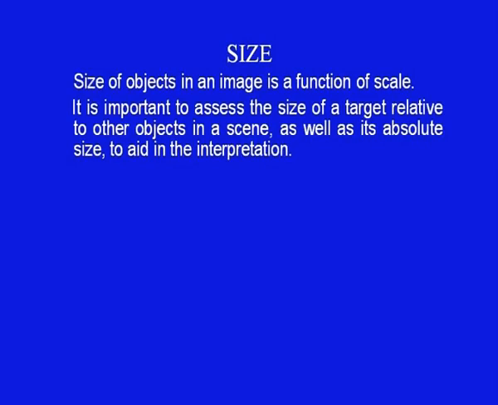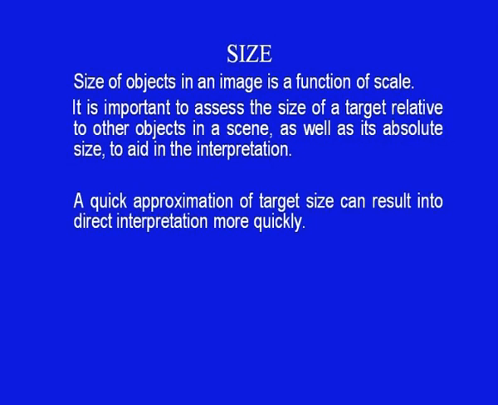First is size. Size of an object in an image is a function of scale. It is important to assess the size of a target relative to other objects in the scene, as well as its own absolute size, to aid in the interpretation process.